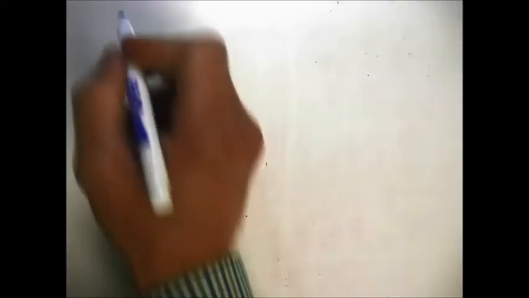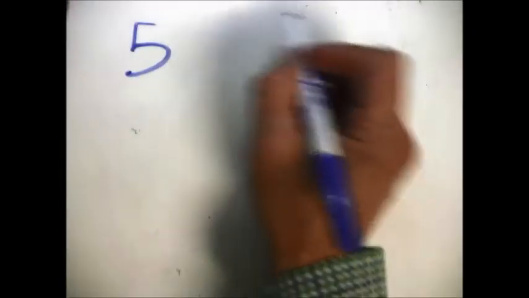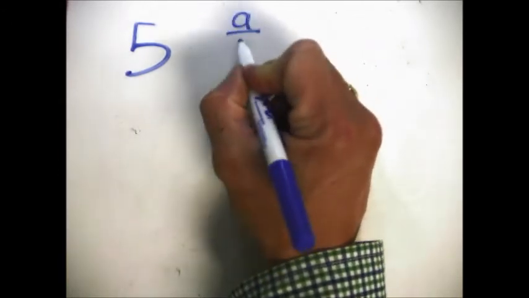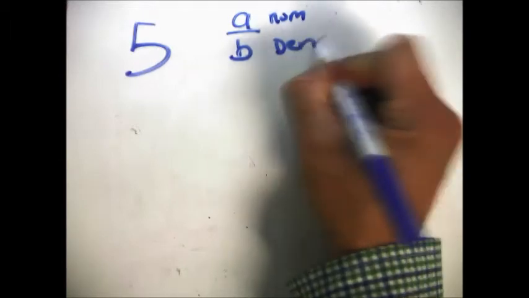Okay, let's go over some examples of rational numbers, and let's determine if they are rational. So the very first number I want to talk about is the number 5. Can we write 5 as a rational number? Now remember, a rational number is going to be a over b, which is going to be your numerator and your denominator.